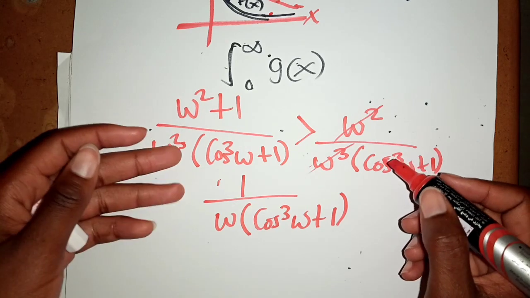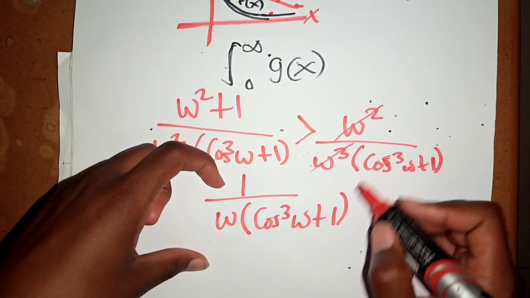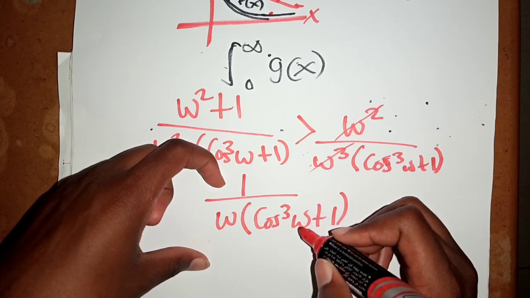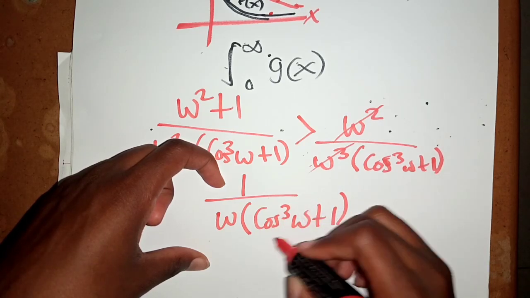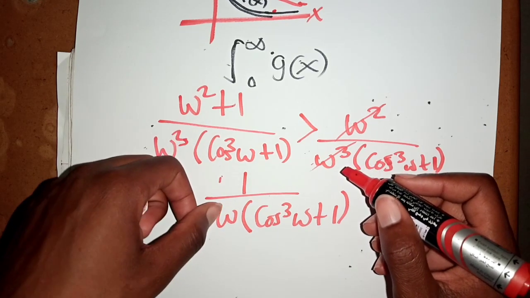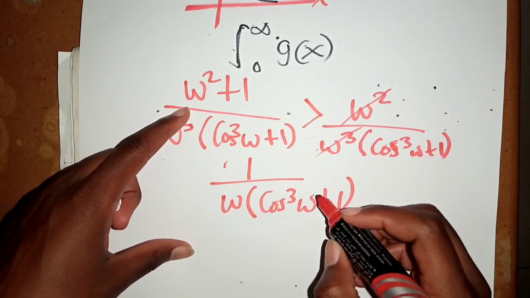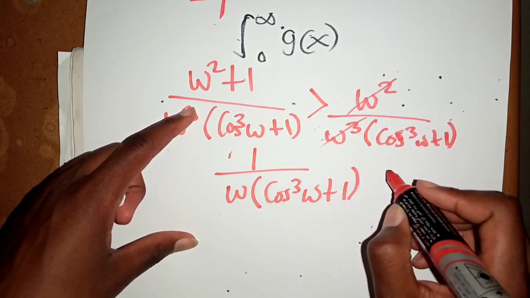So now all we have to do is check if this one is converging or diverging, and then we know that definitely in here we are always going to get a positive value that will not actually affect it a lot or change it into a negative or something. So now here we are going to do the comparison test.